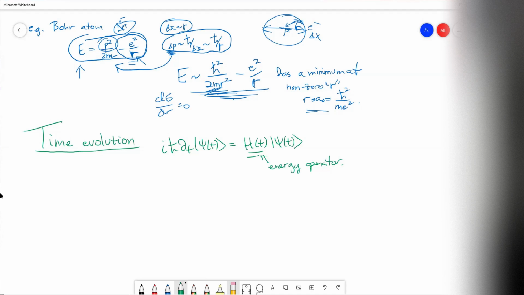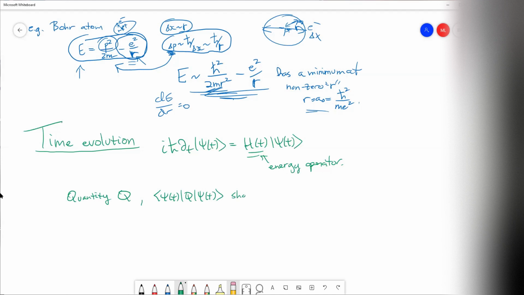And you can kind of argue this from the correspondence principle. The correspondence principle is just something that says that quantum mechanics must reduce to our notions of classical mechanics in the appropriate limit. And so if we have some quantity Q, then this expectation value of Q should behave, right?